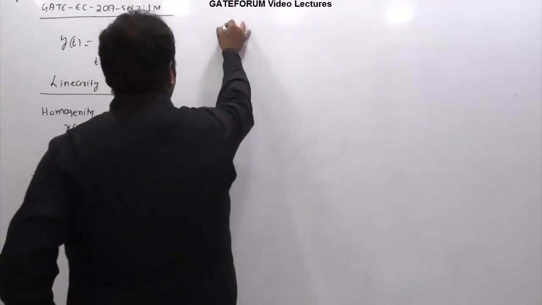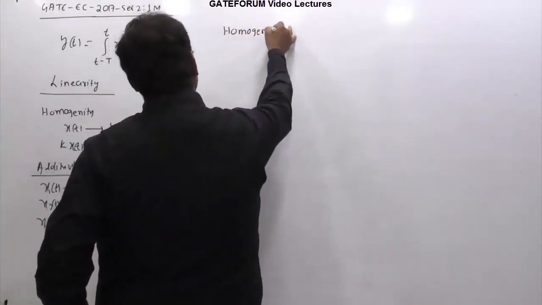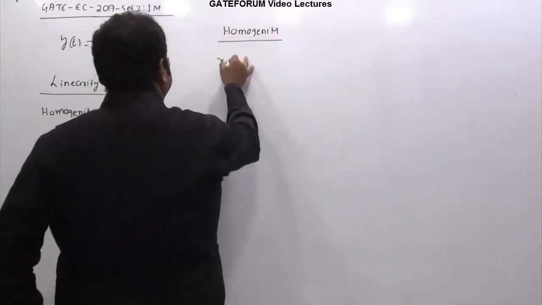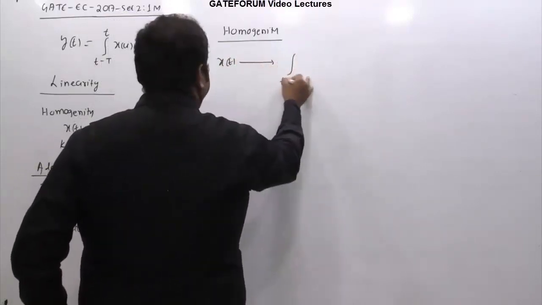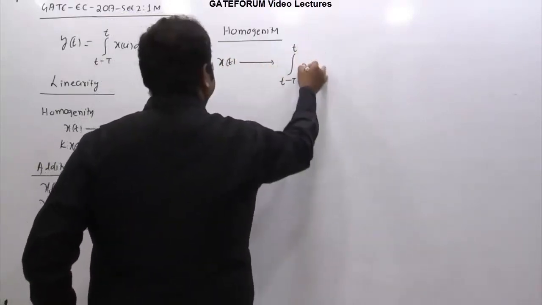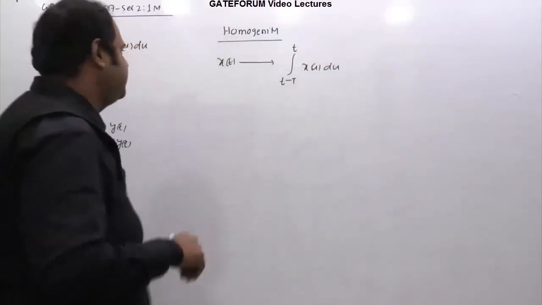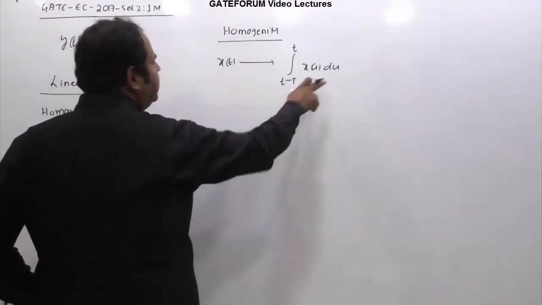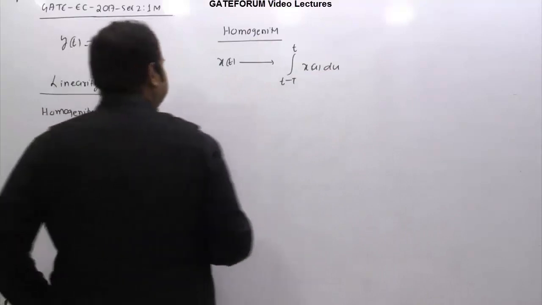Let us first comment regarding homogeneity. When the input is x(t), the corresponding output I am getting is the integral from t minus T to t of x(u) du. So whenever you give the input x(t), it is integrated with respect to u in these integration limits.